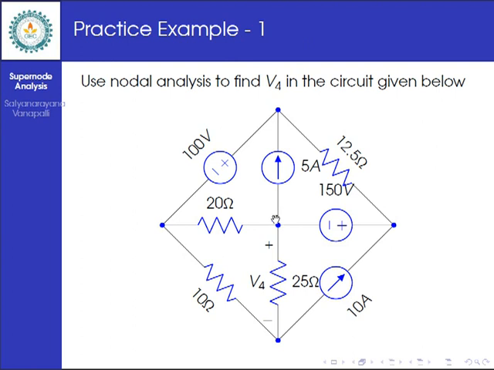You take the center node as the reference node. With respect to this reference node, you try to find out the V4 value. Here, as you consider this node as the reference node, 100 volts is connected between two non-reference nodes.